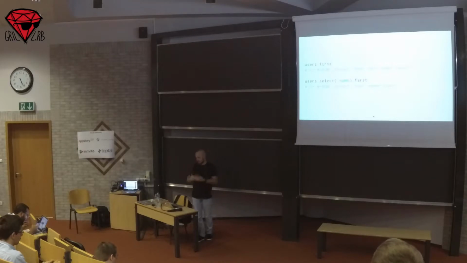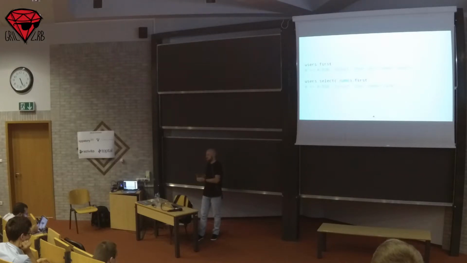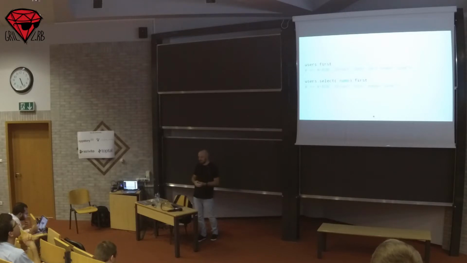But you can project data however you want. Here's a very trivial example. You just select a name, right? So the difference is that if you select specific attributes, ROM will give you back a struct with these specific attributes, and it's going to be represented by actually a separate struct object. It looks like the same class, but it's actually a different class.